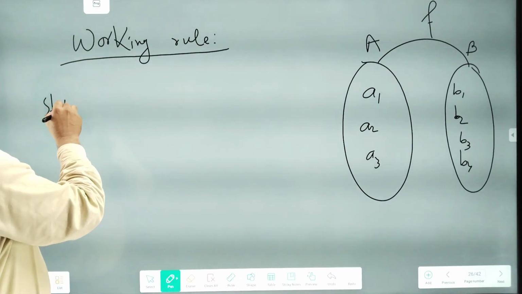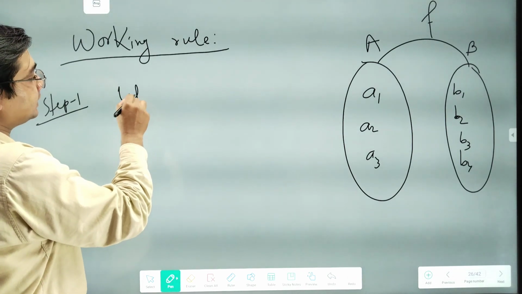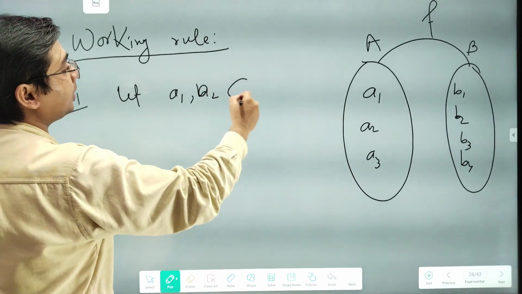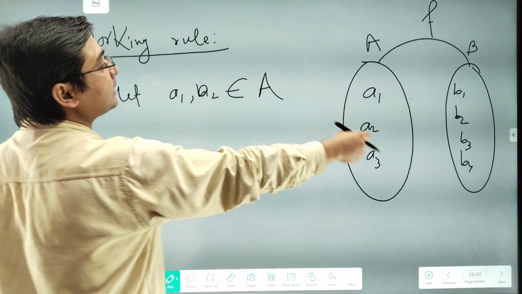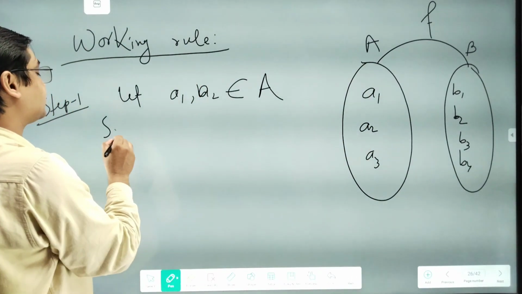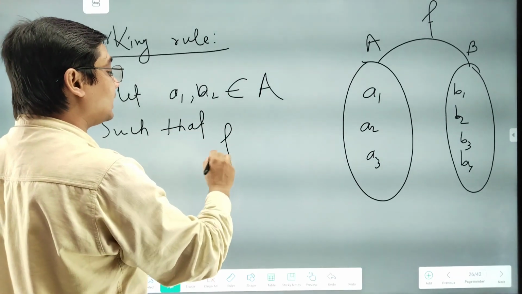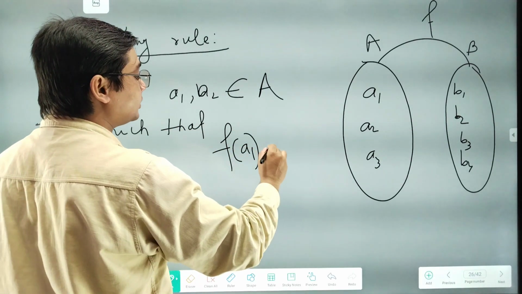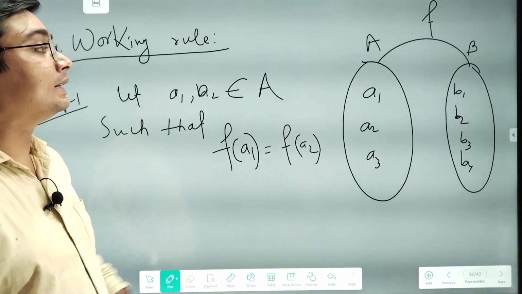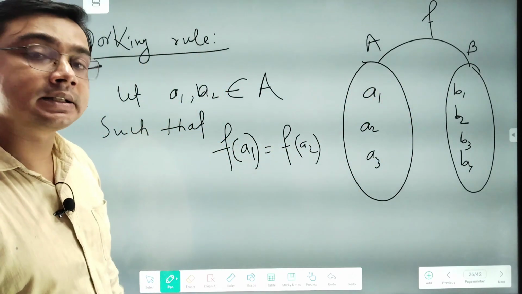In the first step, suppose a1 and a2 belong to capital A. You consider any two elements from this set such that f of a1 equal to f of a2. That means we consider two elements in this set and also we consider their images are equal.